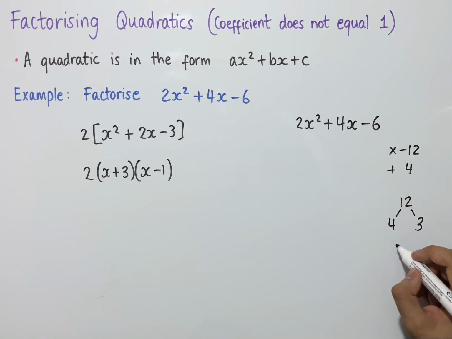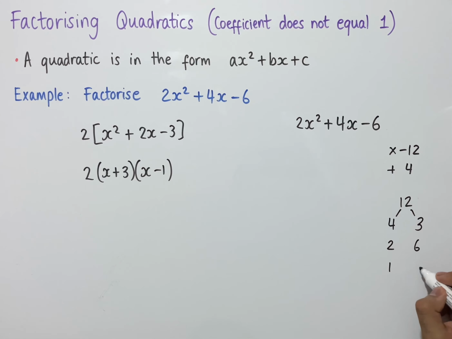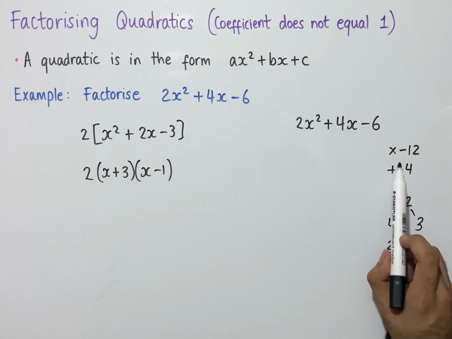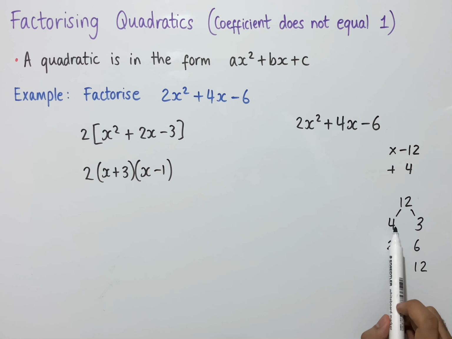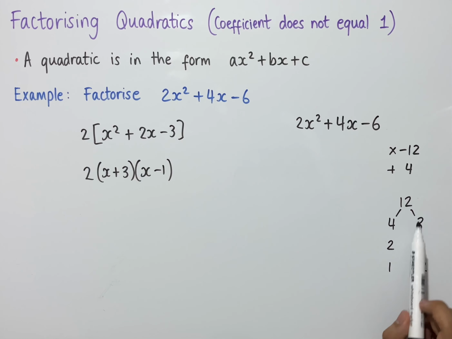Another pair of factors is 2 and 6, and another pair is 1 and 12. Since the number we're trying to multiply to get is negative, one of the numbers in our pair must be negative, so that when we multiply the two numbers together, we get a negative number.